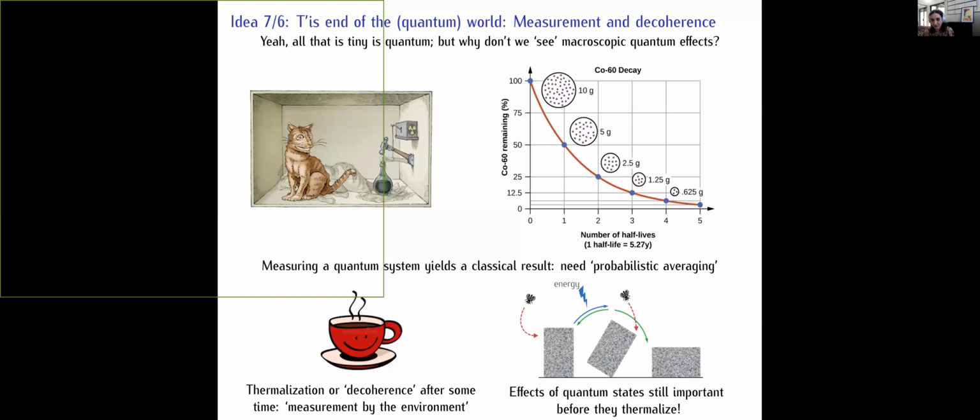All I want to say is that everything that starts quantum dies classical. And I've just mentioned that measuring any quantum system in any non-trivial superposition state is going to yield an expected or classical result. So first of all, to see quantum mechanical phenomena happening, you need some sort of probabilistic averaging.